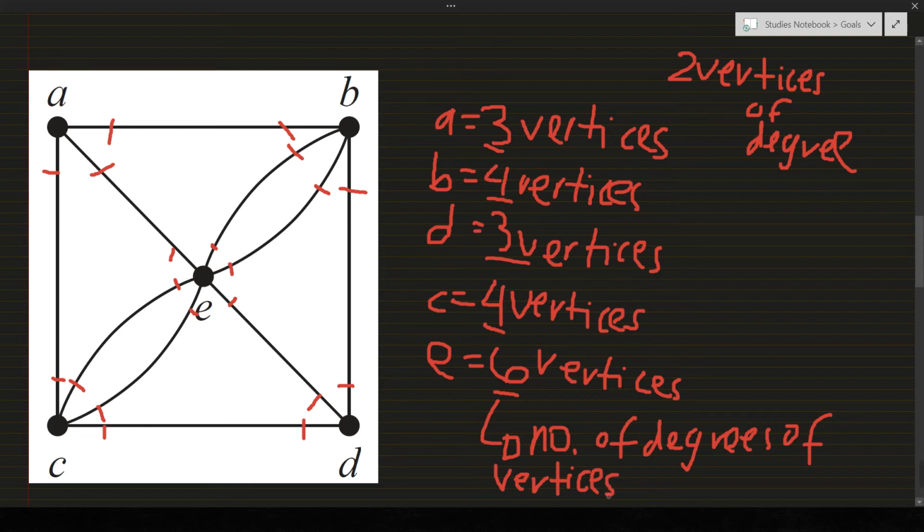Sorry for my bad penmanship. So now we can see that this one is an Euler path. Why? Because we can see that vertex A and vertex D have an odd degree of 3. Okay? So let's now move to the next example.